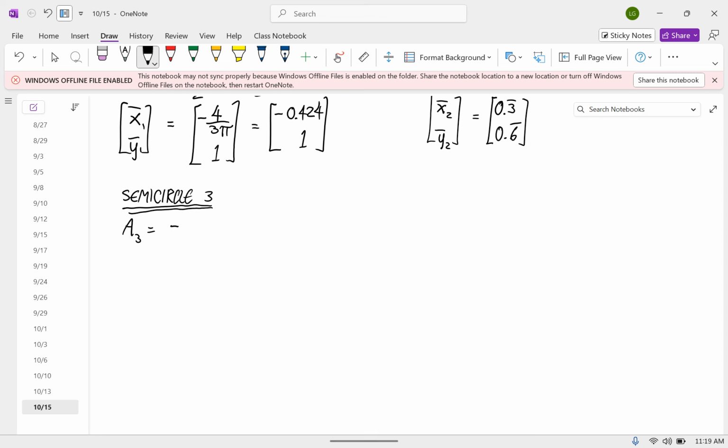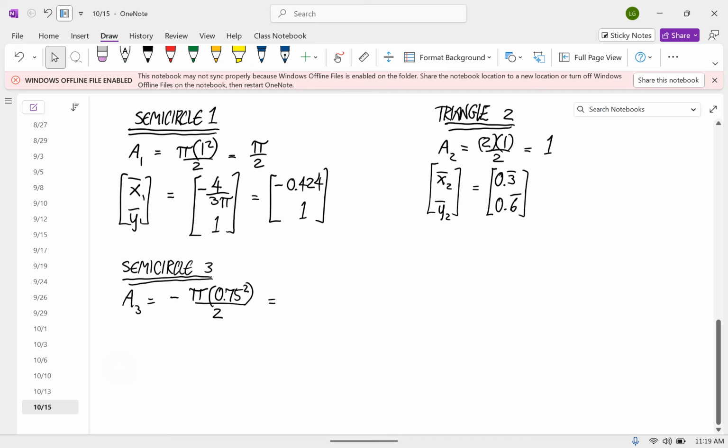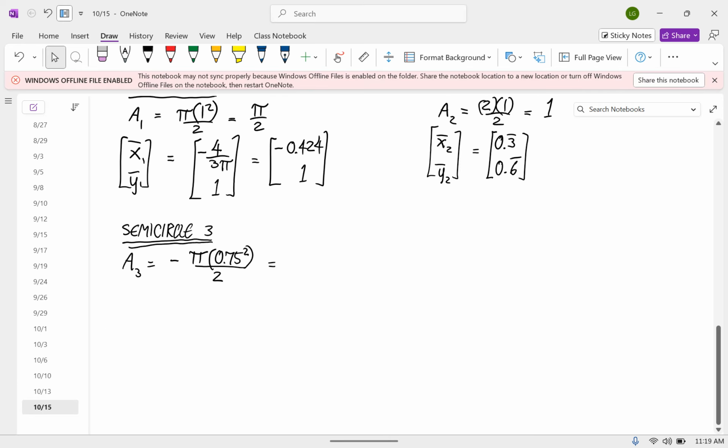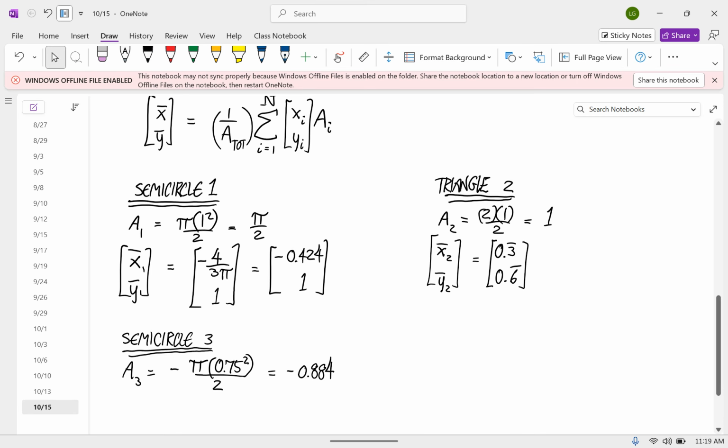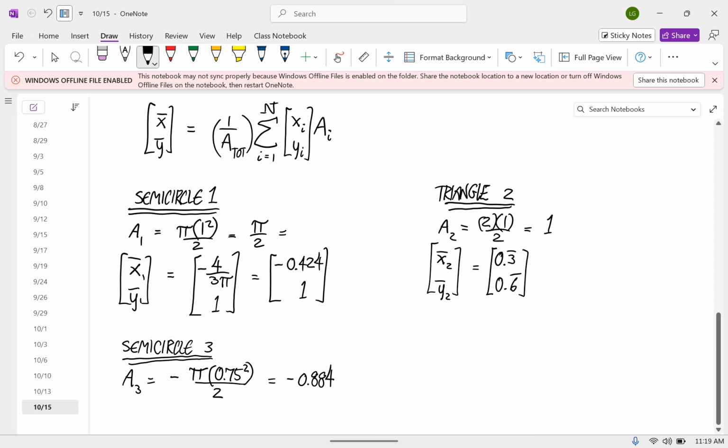So this is going to be negative pi times 0.75 squared over 2. So that's negative 0.884. I guess I didn't put this as a decimal. Pi over 2 is 1.571.